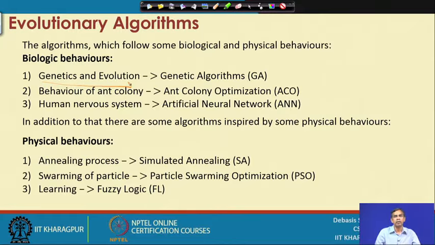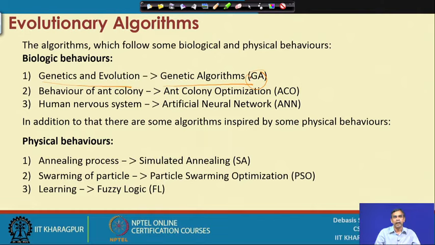Genetics is a well known concept in biology, and evolution is also a well known concept in biology. So, these are biological concepts. When genetics and evolution are followed to solve the optimization problem, it is called the genetic algorithm, popularly abbreviated as GA.